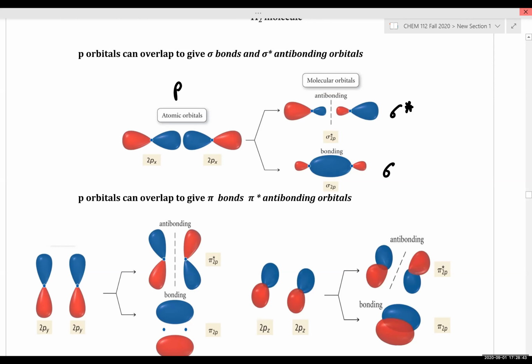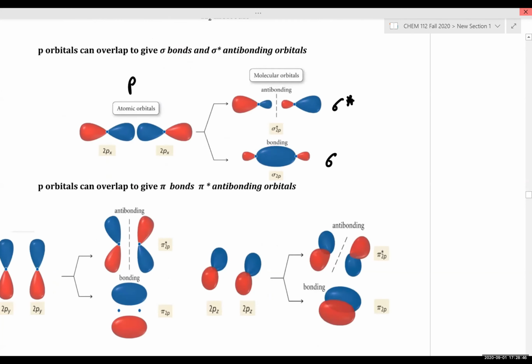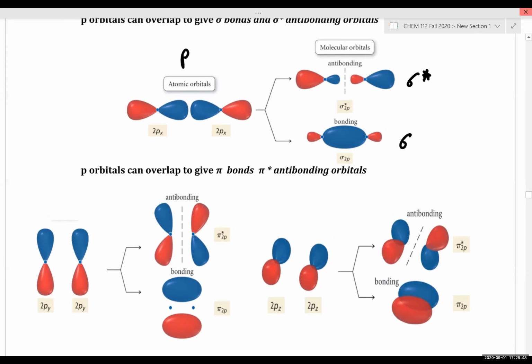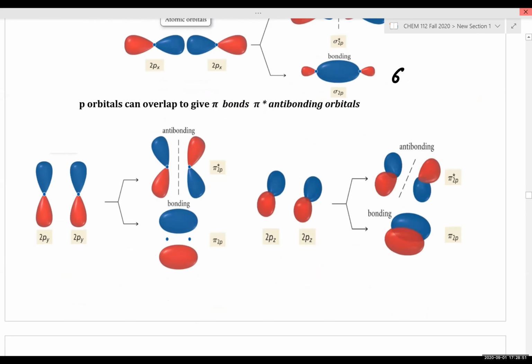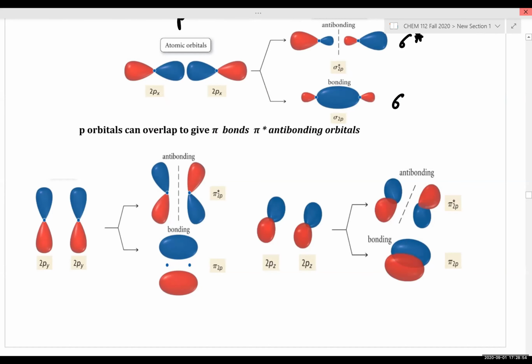When we think about pi bonds, just like in our sigma bonding example, our p orbitals can overlap either constructively or destructively to generate a pi bonding molecular orbital or a pi star antibonding molecular orbital. As we have two sets of p orbitals with different orientations, we have two sets of pi and pi star molecular orbitals, each with a unique orientation in 3D space.